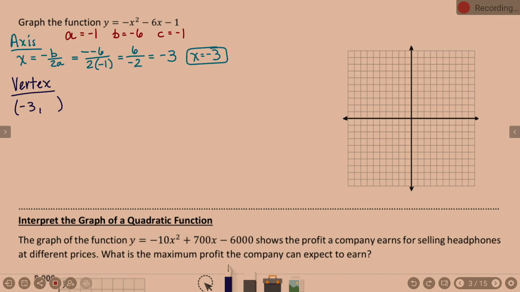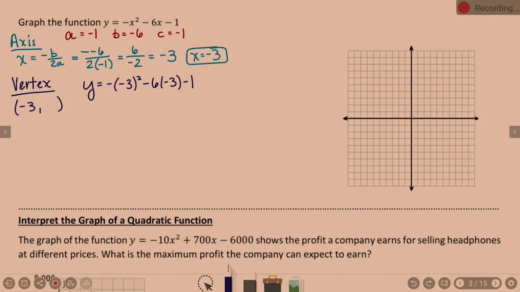Take -3 and plug it in. Now, we're going to have to be careful with this x squared. It's the negative of x squared. So the negative of -3 squared minus 6 times -3 minus 1.